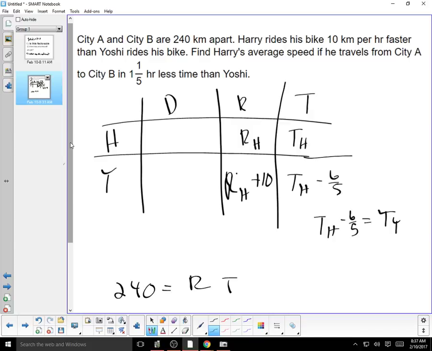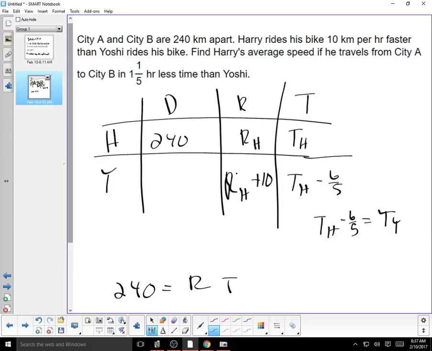City A, City B are 240 miles apart. Harry rides his bike 10 miles per hour faster than Yoshi does. I know he's traveling 240.